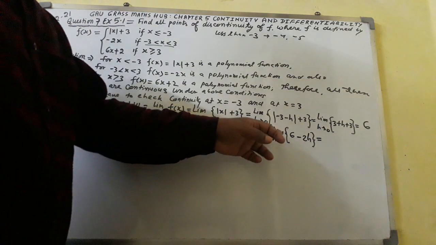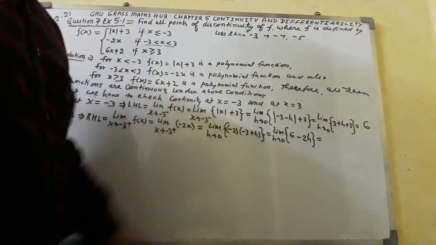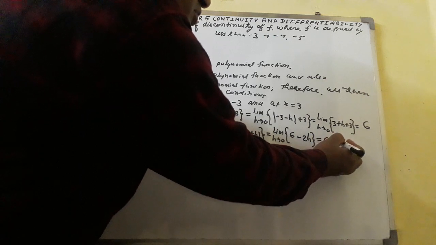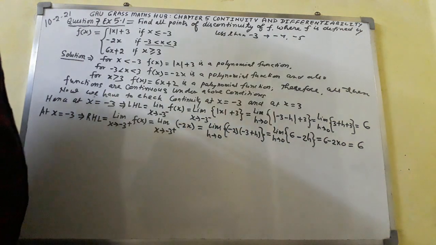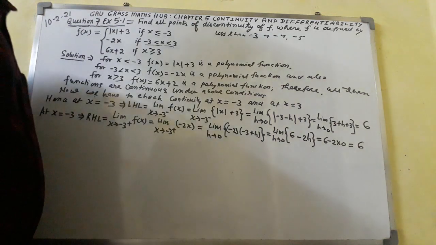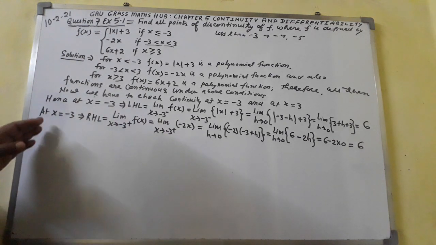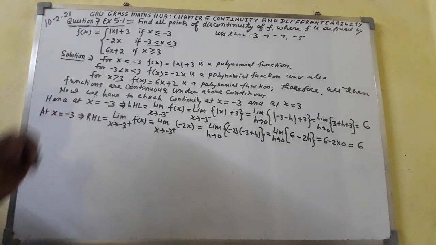If you remove limit h tends 0, put h equal to 0. So it comes out to be 6 minus 2 into 0, which is 6. So you have got 6. At x equal to minus 3, the value of right hand limit you have got here is 6.